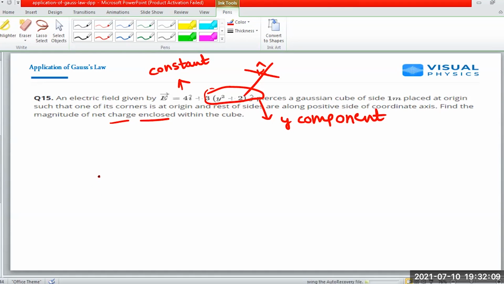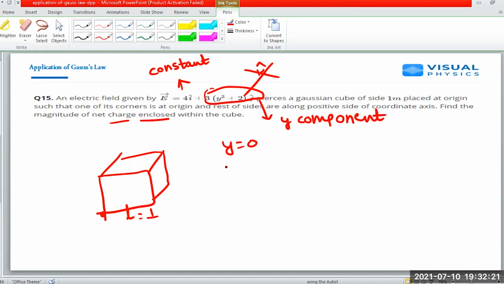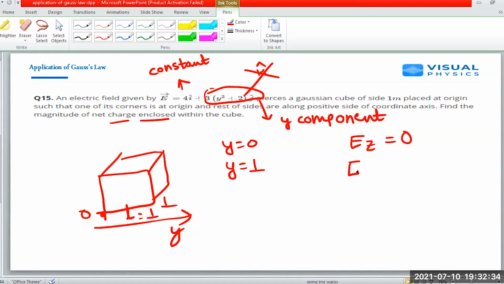Second thing, if the cube is placed at the origin and one side length L is 1 meter, obviously first I'll put Y equal to 0 and then I'll put Y equal to 1. At one side it will be 1 if I'm taking the Y axis like this. No Ez component, and the electric flux phi x is also 0, because I'm talking about net, and net is also 0.